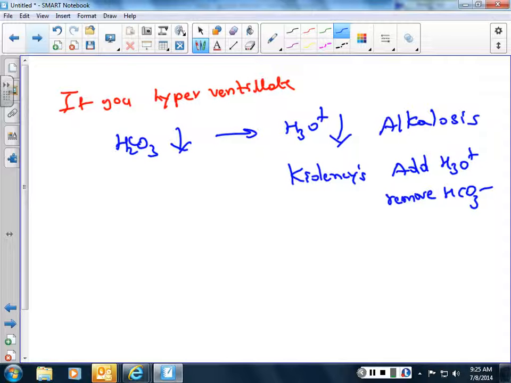Is it clear? So what I discussed is A and B on that page. Acidosis and alkalosis, you need to be familiar with. Page 245.